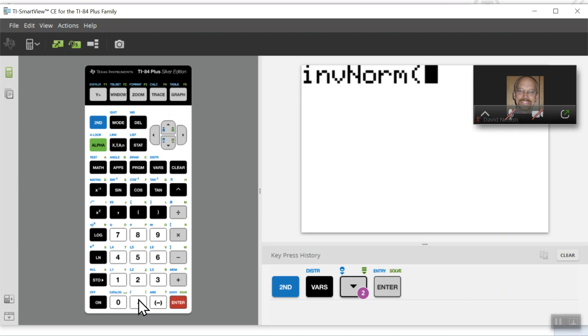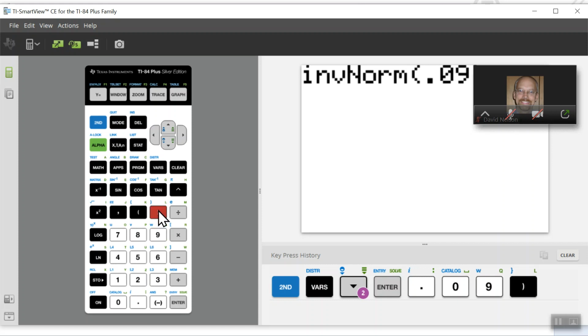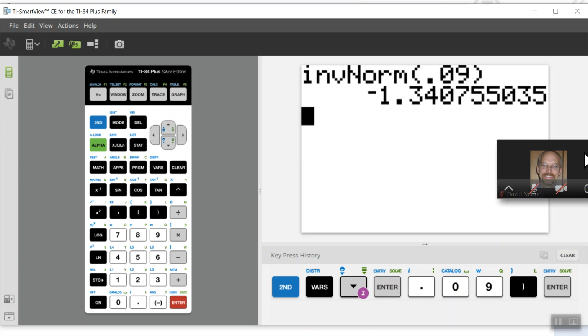It wants the percentage, and 9% as a decimal would be 0.09. If it's asking you for a mean and standard deviation, the way to get the same value I'm getting is to put in 0 for the mean and 1 for the standard deviation. It will spit out this value of negative 1.34. So I want to go 1.34 standard deviations below the mean to get to that 9% cutoff.